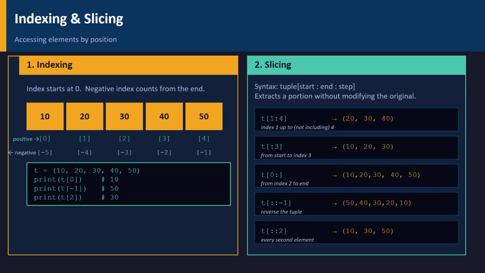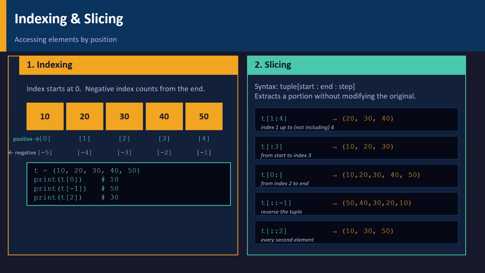Indexing and slicing are two important operations which can be done using tuples, where indexing is used to access the elements by their position. And we can note the position of the elements using the index value. In Python, we can have positive indexing and negative indexing.